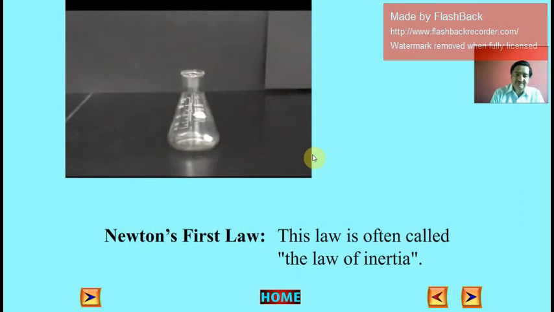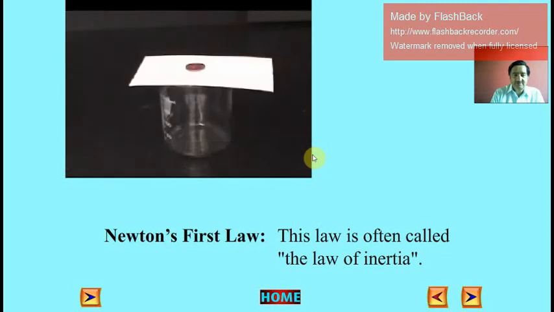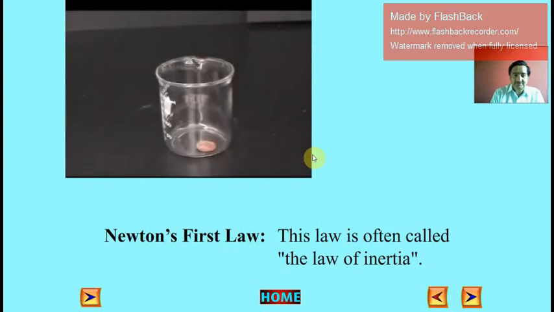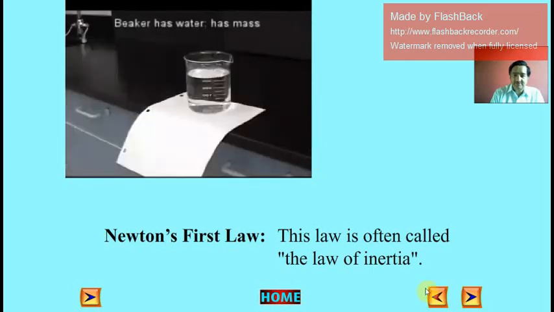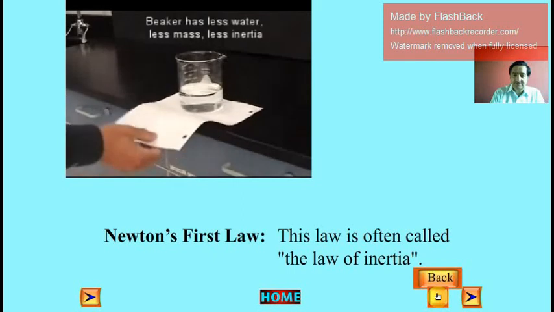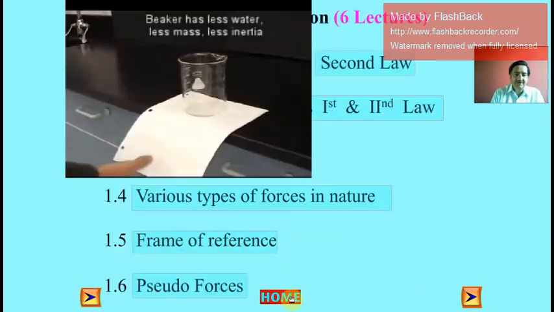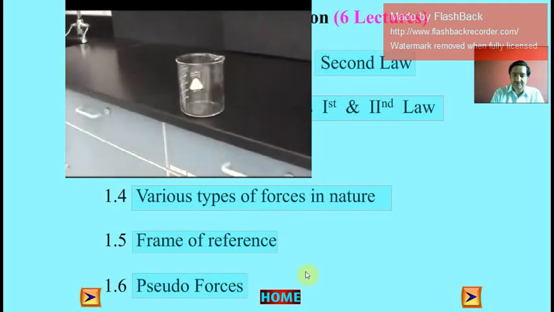See this experiment. Then if you press the home button, it comes to its original position.